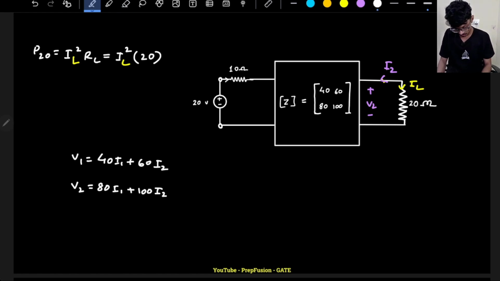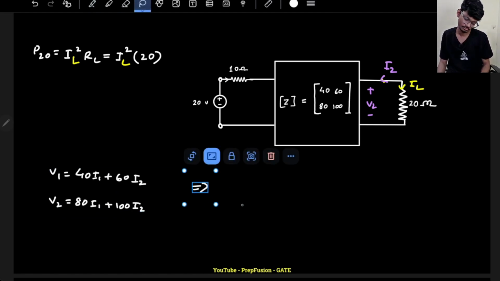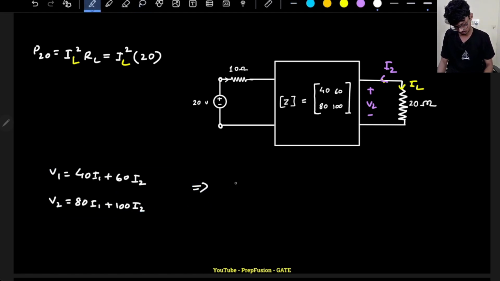So I can write my V2 to be minus 20 I2. This we have done infinite times previously, so I don't think I have to explain this.